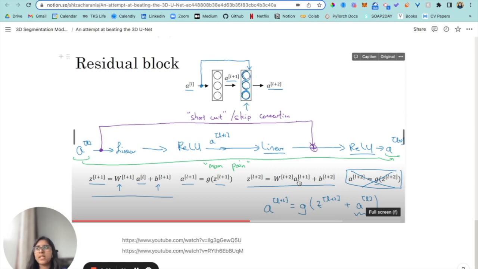Another thing that's happening is because you're skipping over this activation function, you're not having that sigmoid or whatever the activation function is supposed to be. It's not being applied to that specific weight or that result you get before the activation function. So you're skipping over it completely, which means that it's not squishing the value.